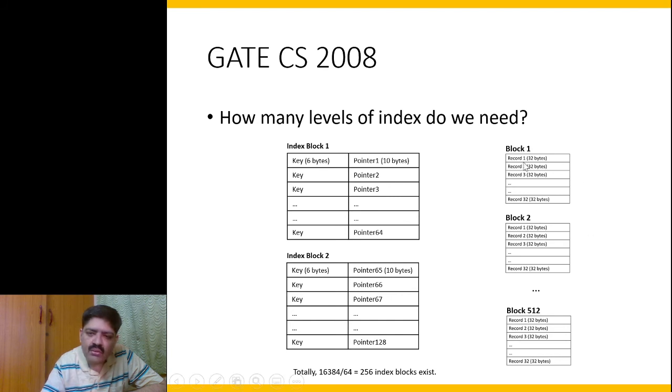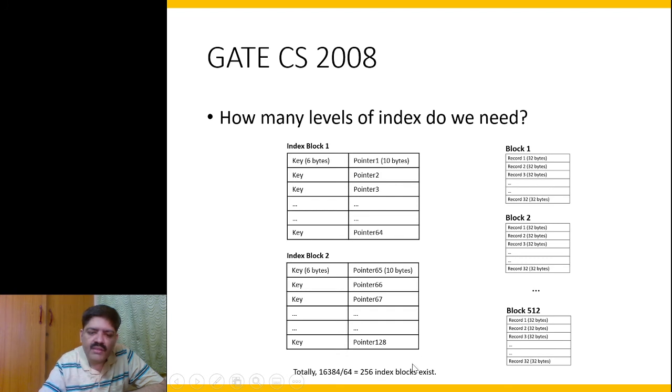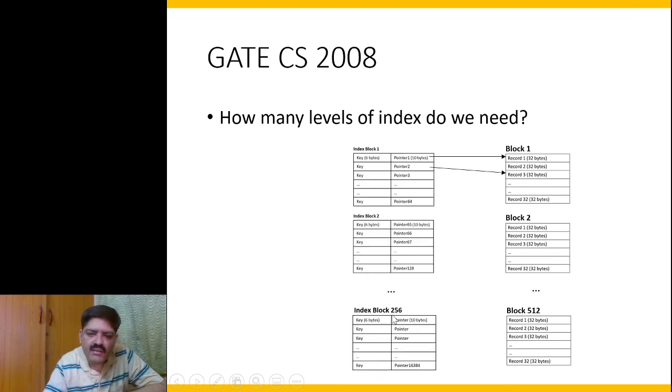I know there are 16,384 records in total. So 16,384 over 64. Why 64? Because 64 keys can fit in an index block. So I'll need 256 index blocks to map to all the keys. So this is block 256.